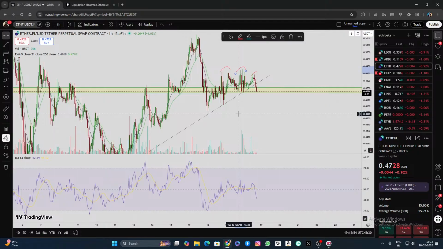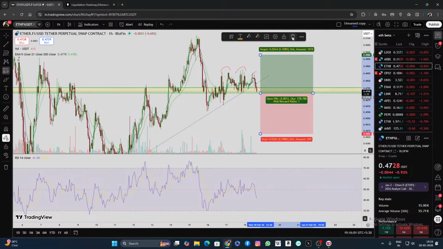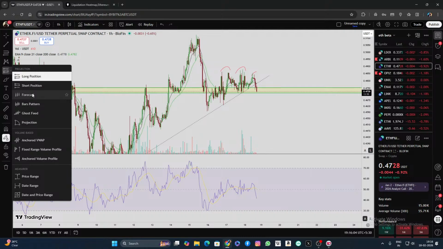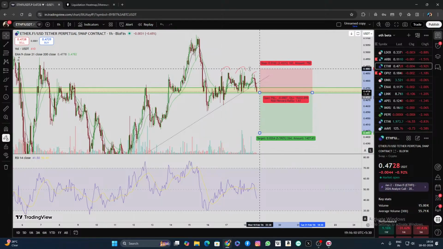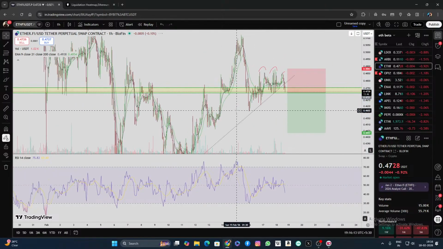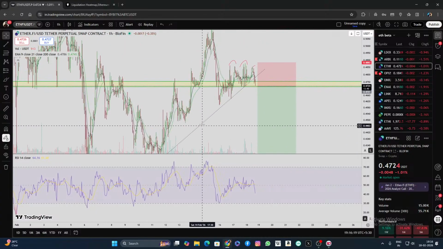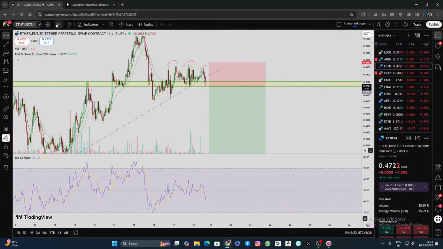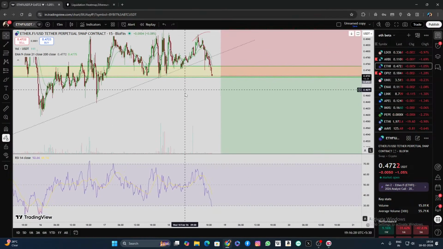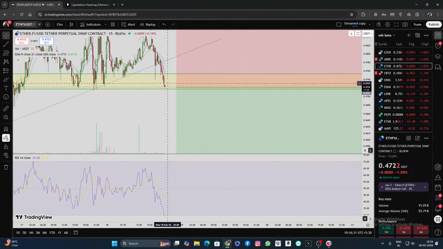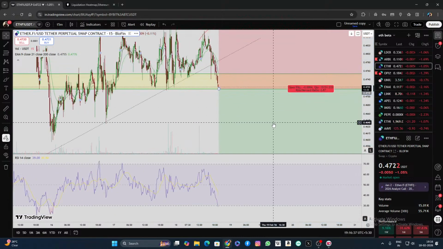Let's see the candle close, then we'll enter if there's any possible short setup. For now, I'm waiting for the candle close. If the candle closes below, I will enter this short.